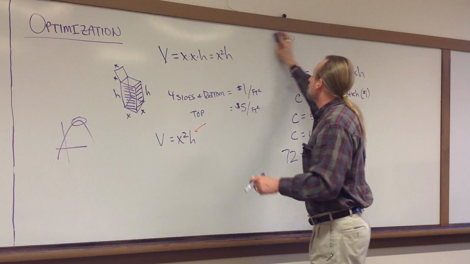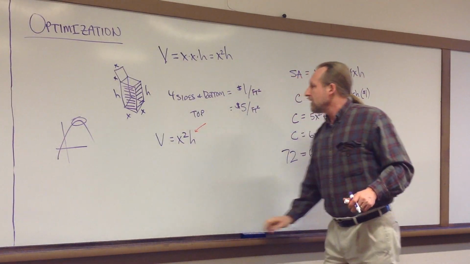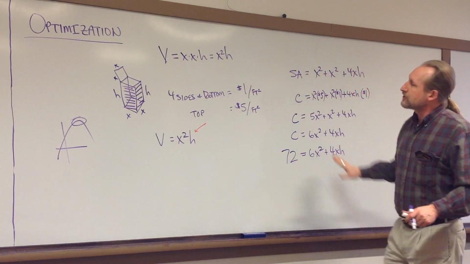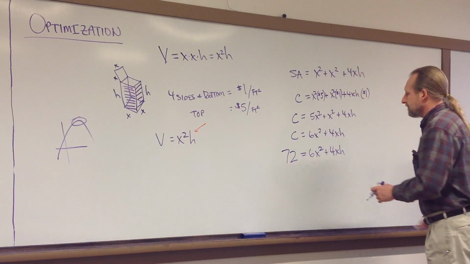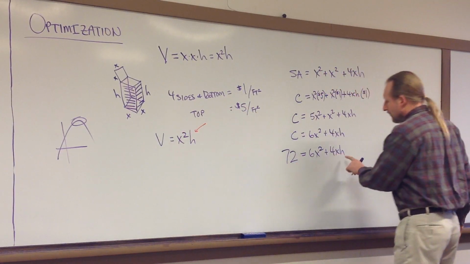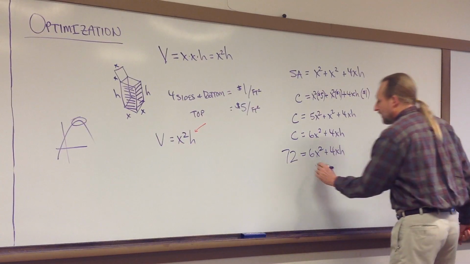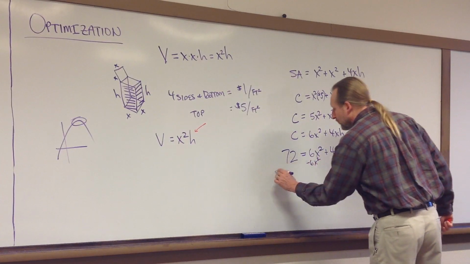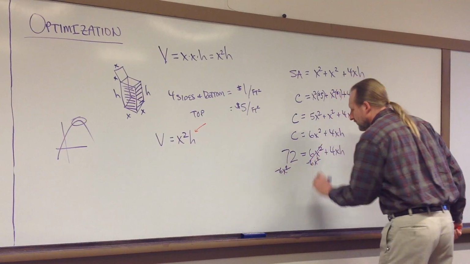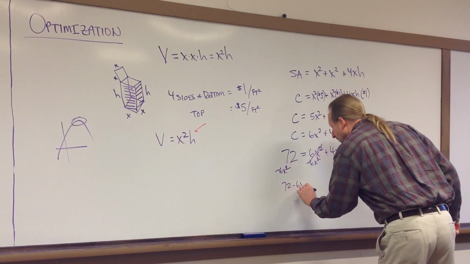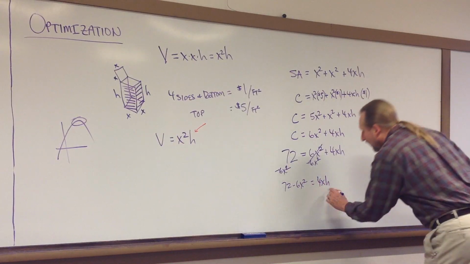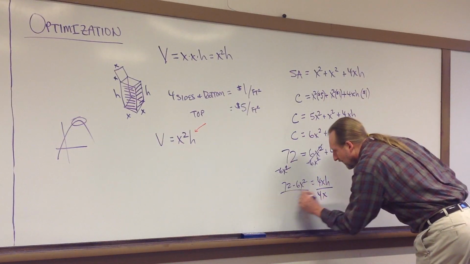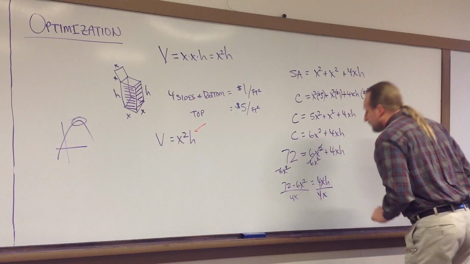So the one that we're going to use to substitute in is the one that we've got the constraint on. We're going to get the h by itself. First, let's move this 6x squared to the other side. 72 minus 6x squared equals 4xh. And then we've got to divide on both sides by 4x.